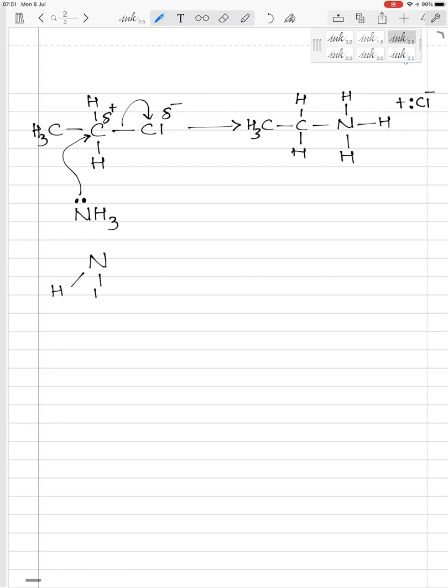Now, any nitrogen compound makes 3 bonds and it will have a lone pair of electrons, and that is the beauty of nitrogen. Nitrogen makes 3 bonds, carbon makes 4 bonds. So when I look at this particular nitrogen in the intermediate, it has lost its lone pair of electrons, making a bond with carbon, therefore it developed a positive charge.